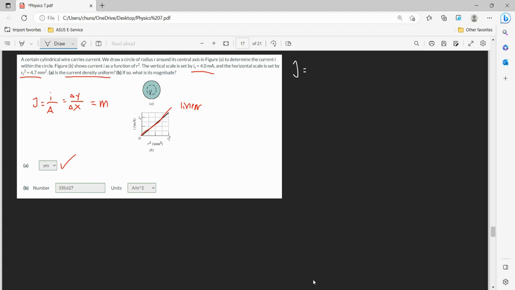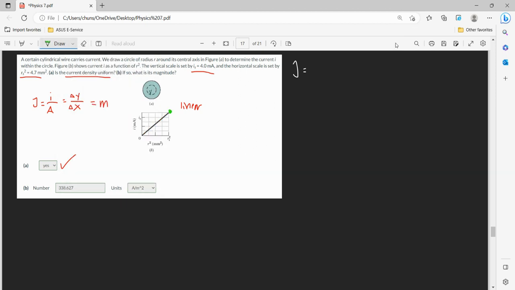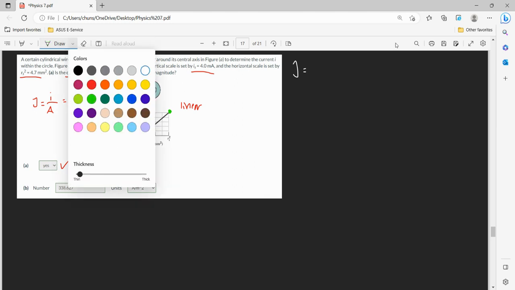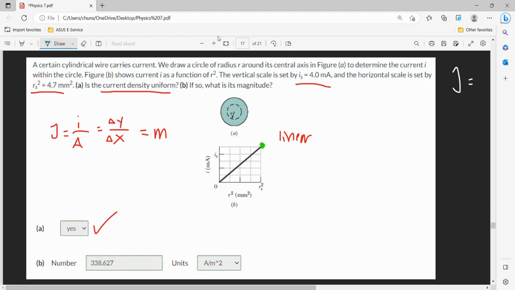So we will use, okay, so now it wants us to find our current density at this point here. So this is, our current is equal to, so if we look at this graph, this is 4 milliamps.